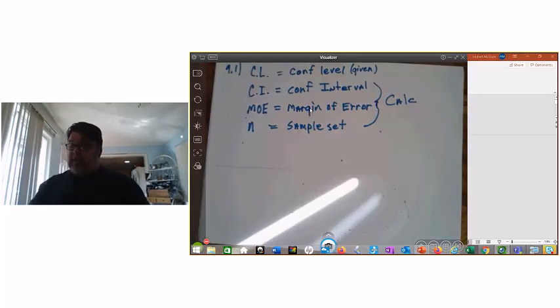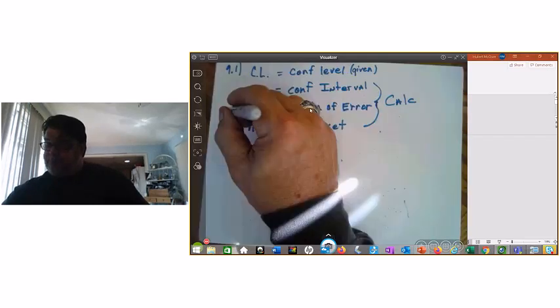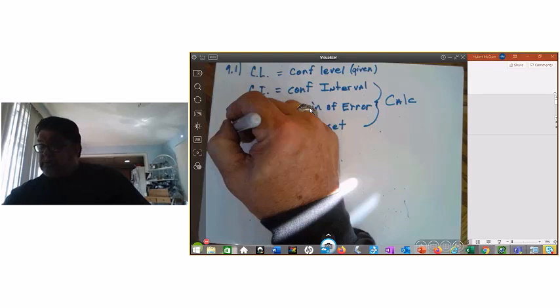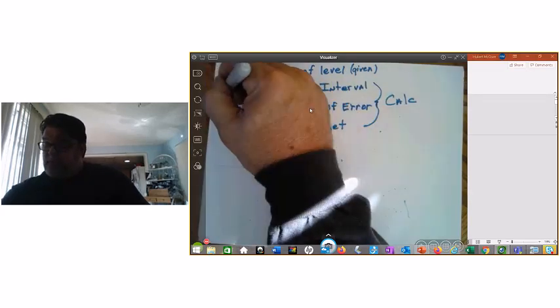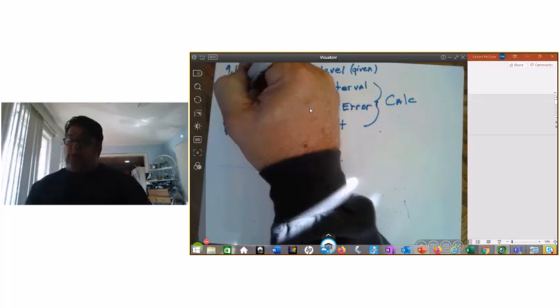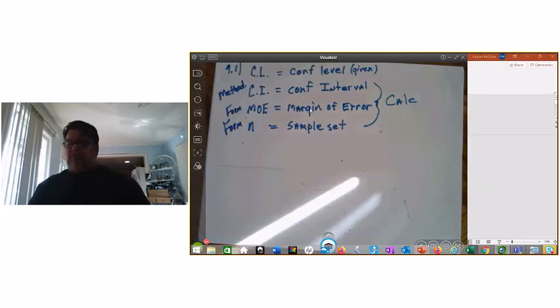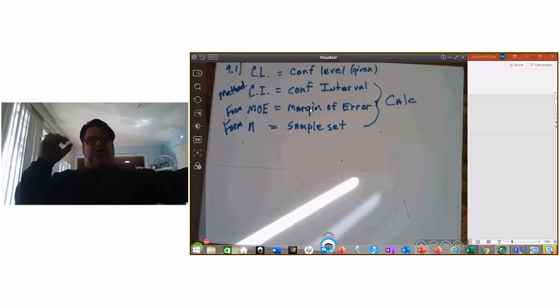You're going to be given a formula for this one and a formula for this one, and I'm going to give you a method using a formula. I don't like the way they do confidence interval in this book, so I do it a little bit different.